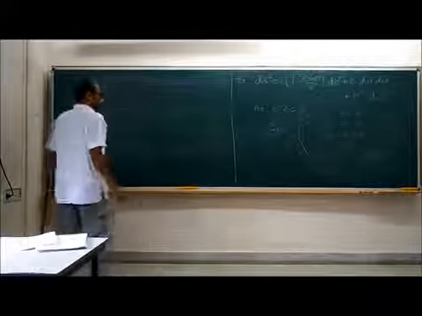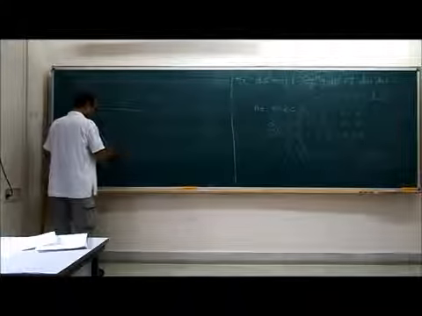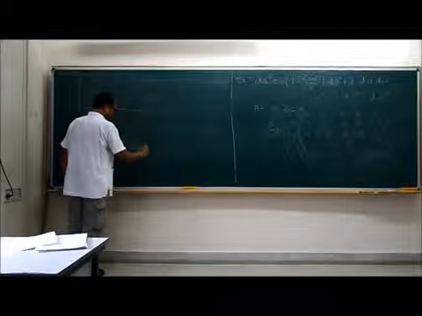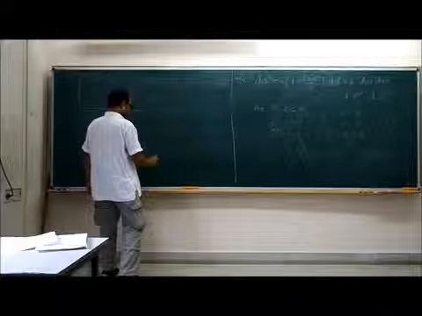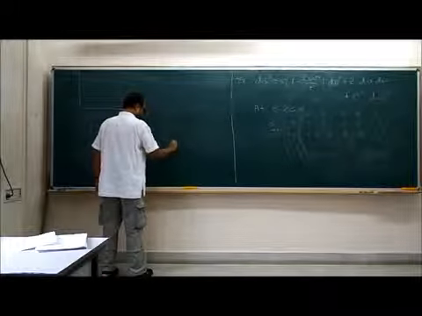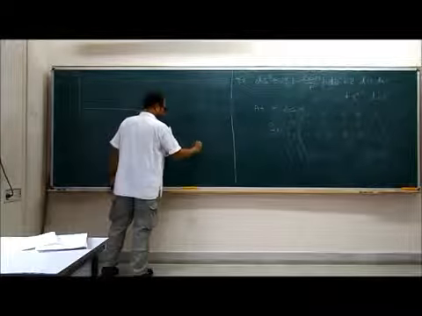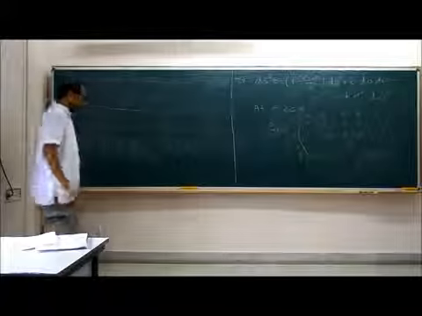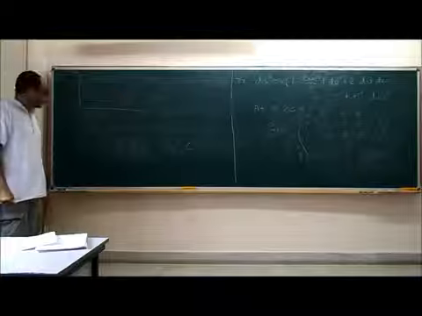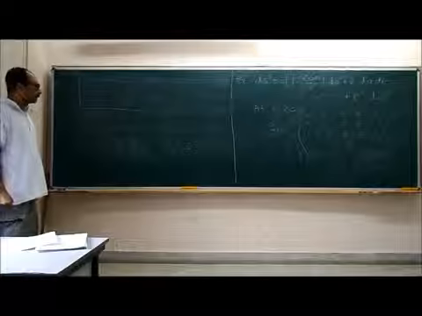So ds squared less than 0 tells us that (1 minus 2GM over rho) times dv d rho squared, plus 2 dv d rho, minus 2 dv d rho must be positive or 0. 0 is for light.